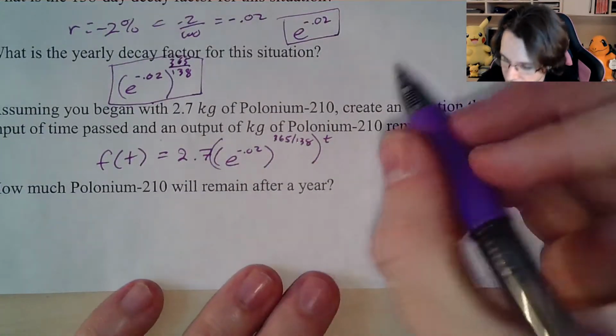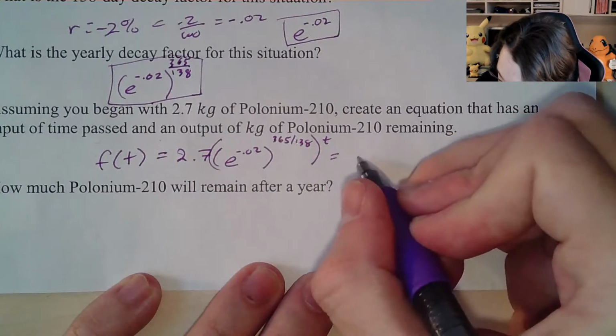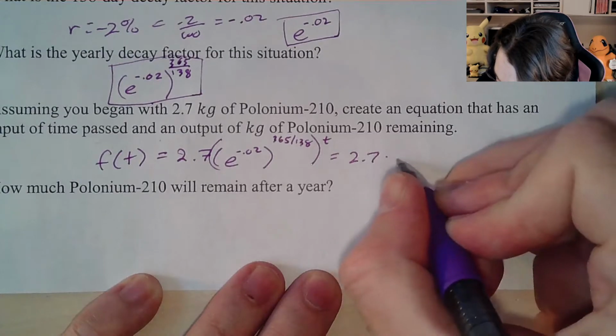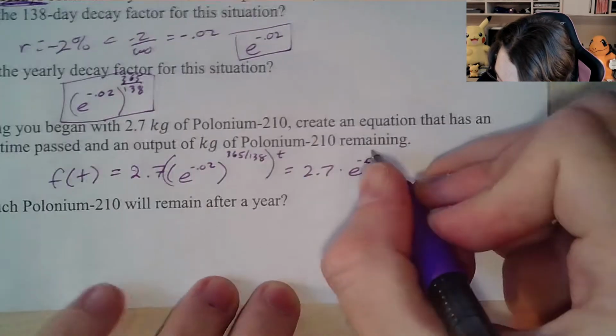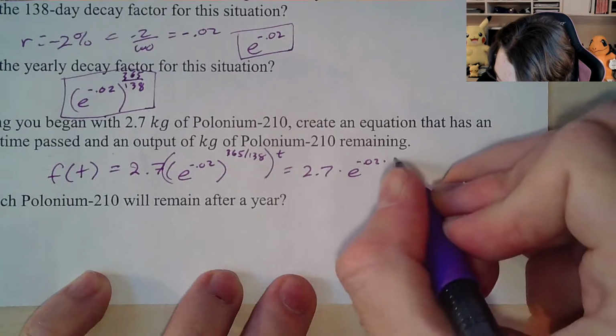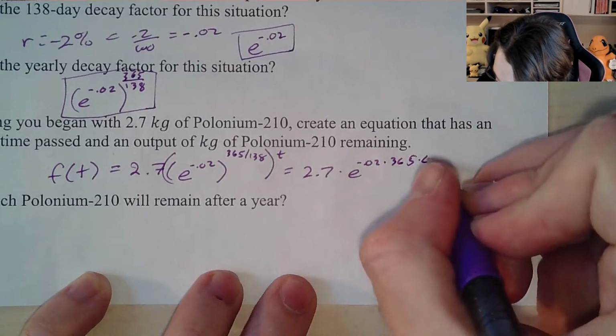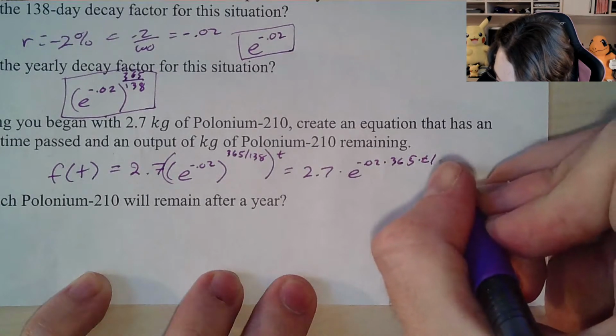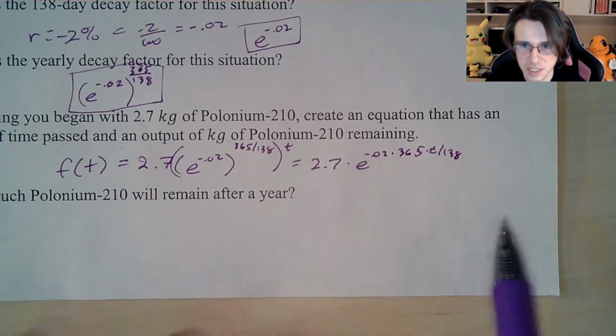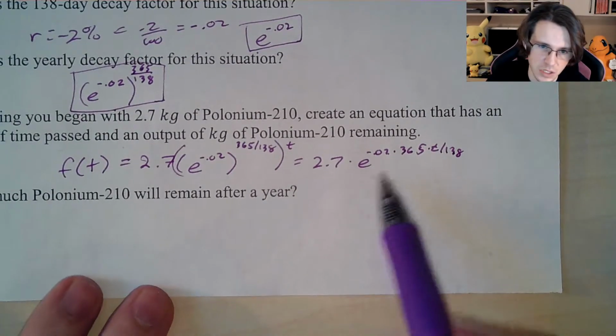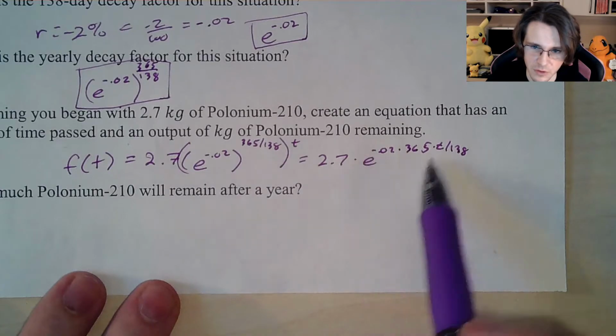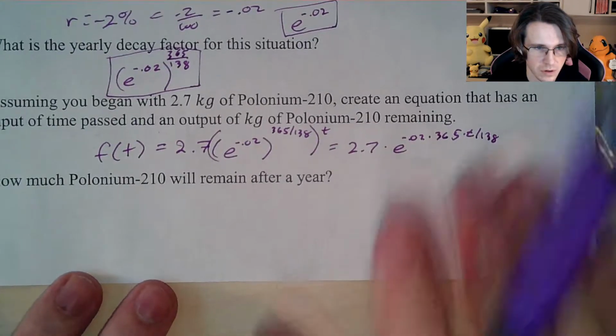So just a little note for yourself in a future class, you could technically rewrite this like this: 0.02 times 365 times t divided by 138. All of that's the same. You don't need to do anything like that, but I'm just trying to let you know that you multiply exponents. So you can type it in like this on your calculator.